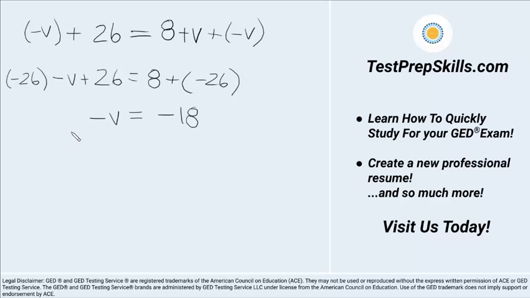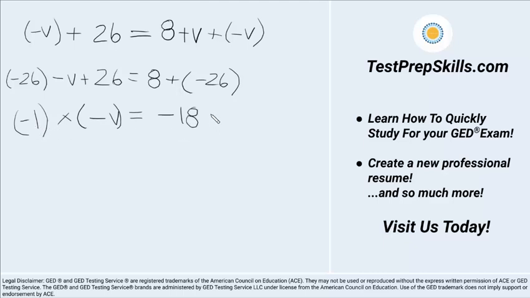We need to remember that when we multiply a negative by a negative, it becomes a positive. So if we multiply this negative v by negative 1, we can multiply anything by 1, it doesn't change things. If we multiply it by a negative 1, we'll have a negative times negative, and that'll become a positive, and that's what we want, right?